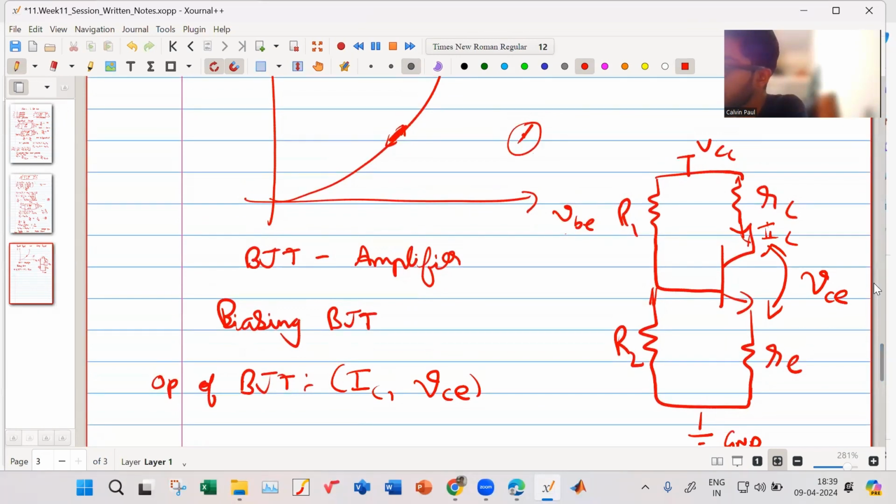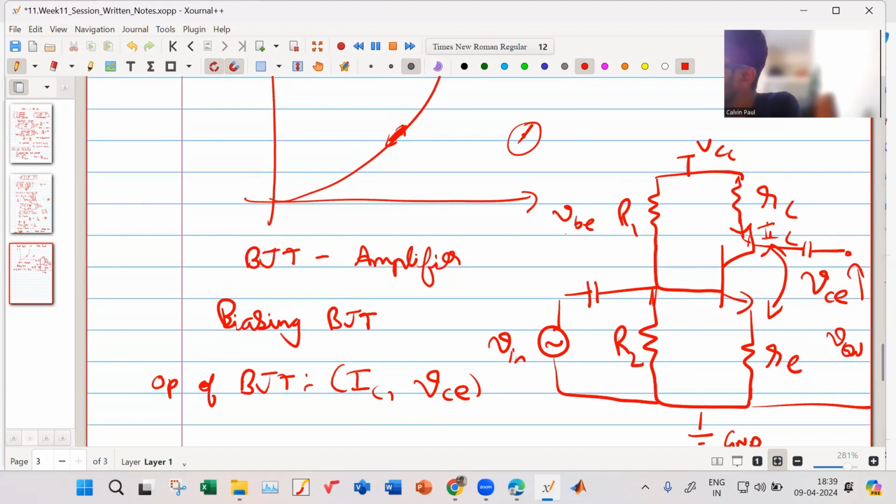Once you set that operating point, then you can consider your signal. This will be your input signal. This is your coupling capacitor, and this is your output signal, right? Yes.